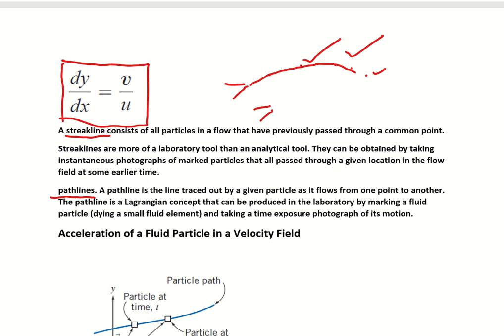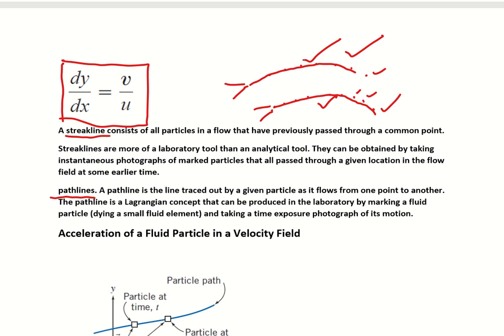But here the particle has emerged and it has taken different positions at different times. So right now it is here, but just before this it was here, before that it was here. If we draw the line joining the positions of the particle emerged from this location over time, then this line is called path line. So it means that the path followed by the particle is called path line.